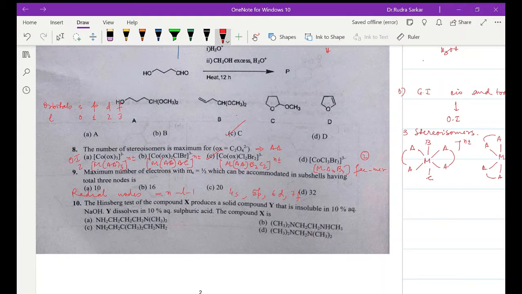Okay, and if you use these values along with the N values, we will be getting 3 nodes. Now it is saying ms plus half and not minus half.